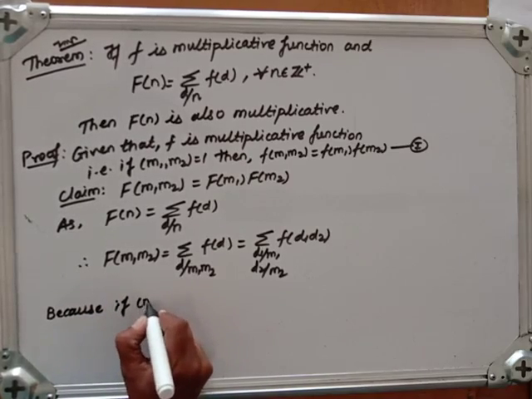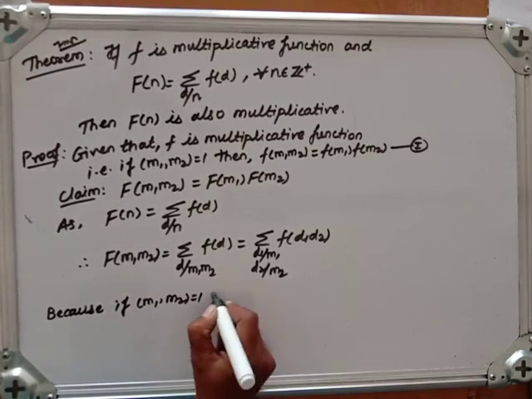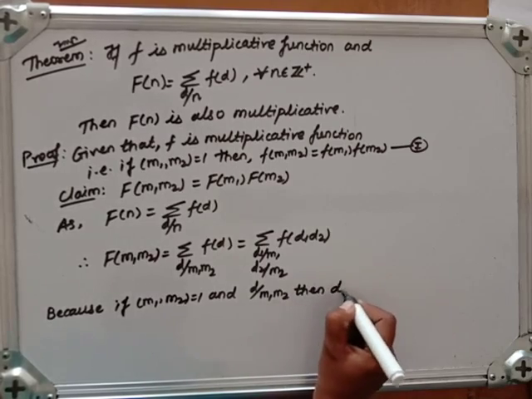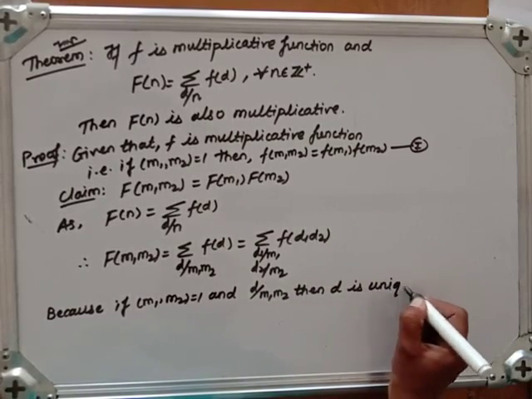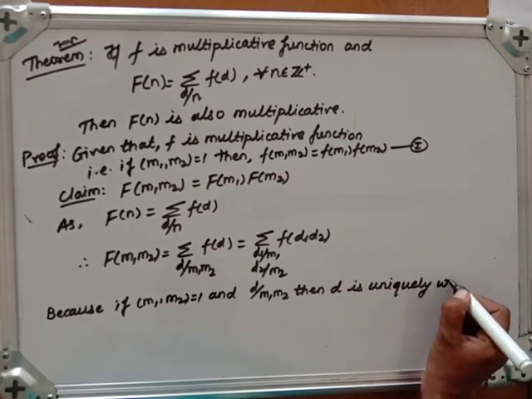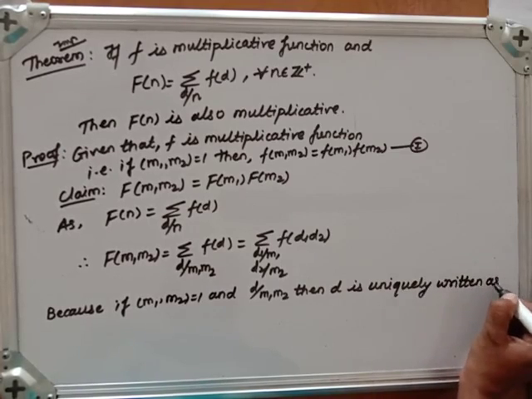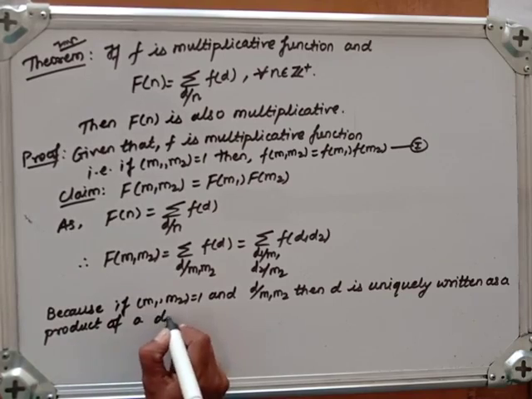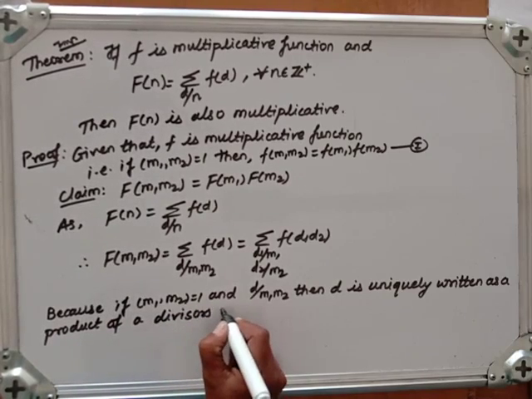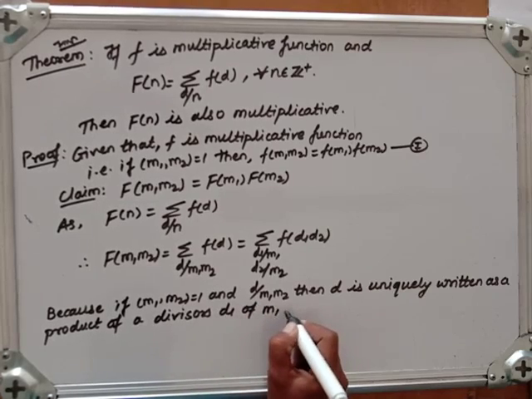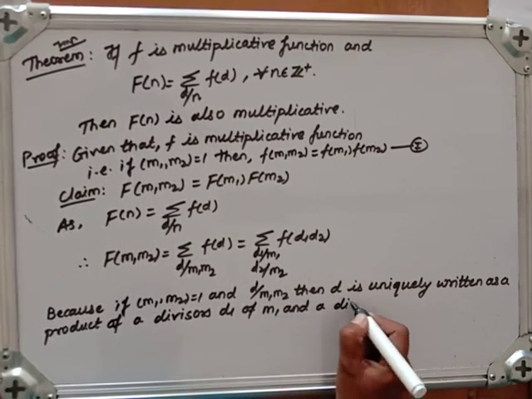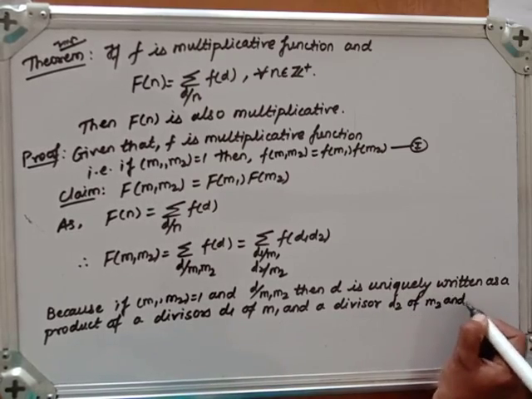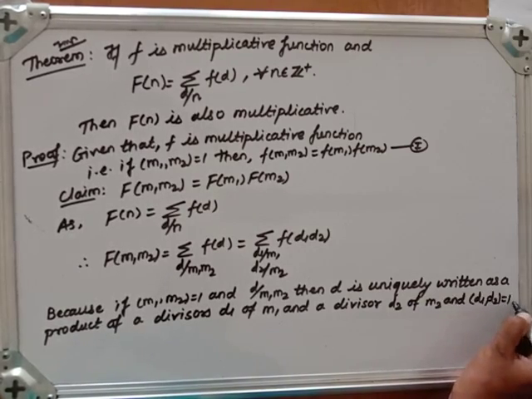Because if m1 and m2 are relatively prime and d divides m1 m2, then d is uniquely written as a product of a divisor d1 of m1 and a divisor d2 of m2, and d1, d2 are relatively prime.